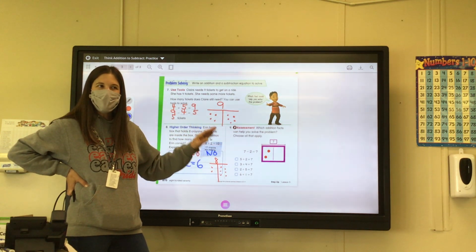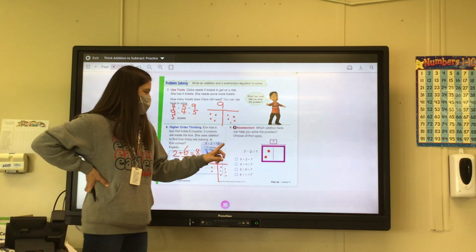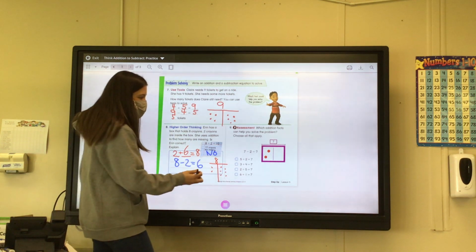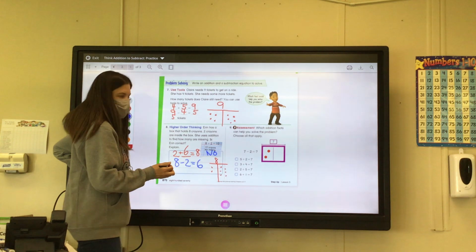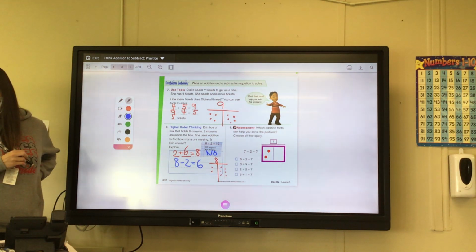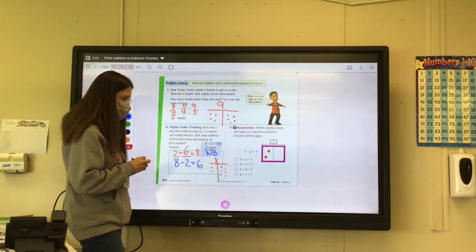So that means there's going to be more than one when they say choose all that apply. So here we go. Quiet with your pens and pencils. Okay, so we have to choose addition facts that will work.